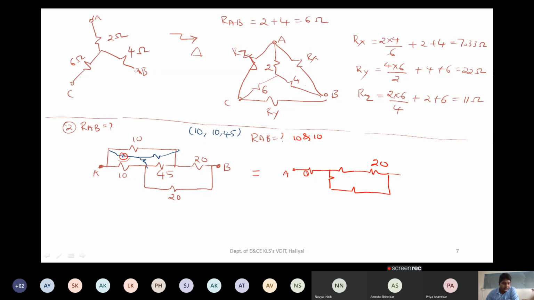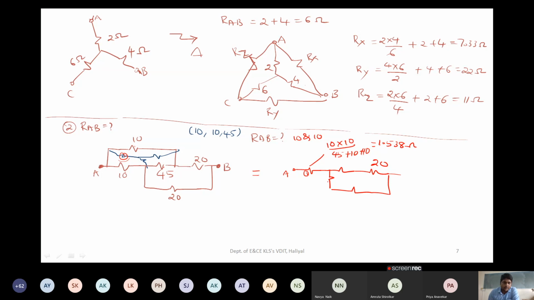This value will be 10 into 10 divided by the summation, so 10 multiplied by 10 divided by 45 plus 10 plus 10. That is going to give me around 1.538 ohms.